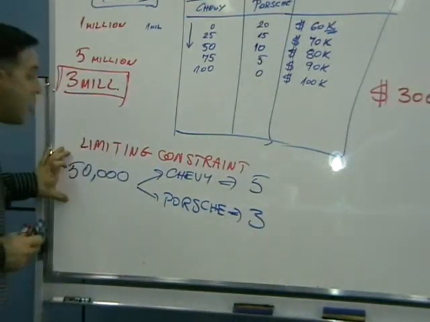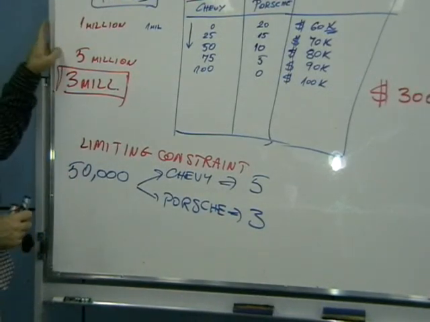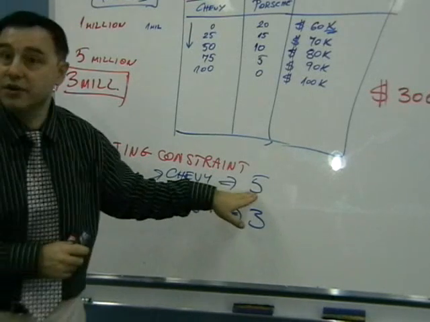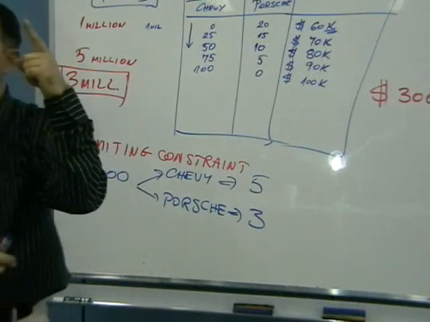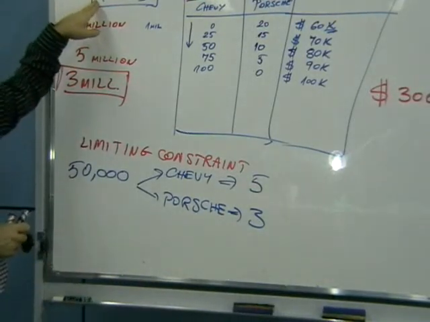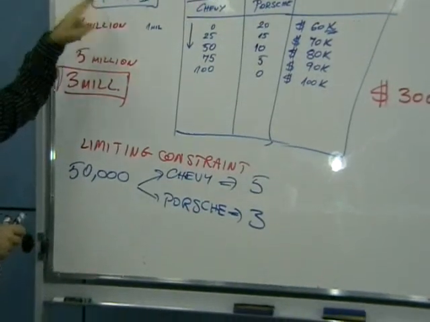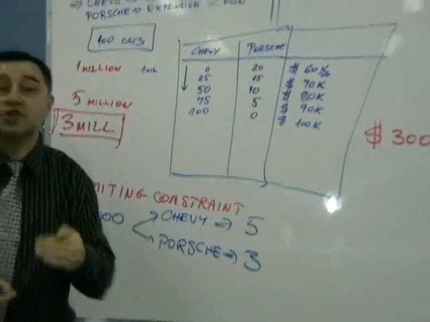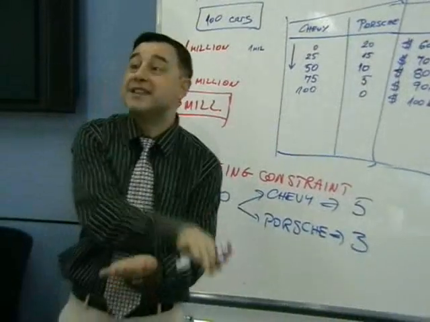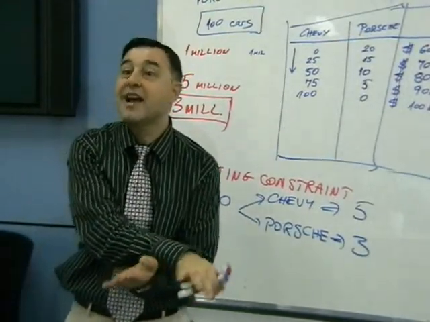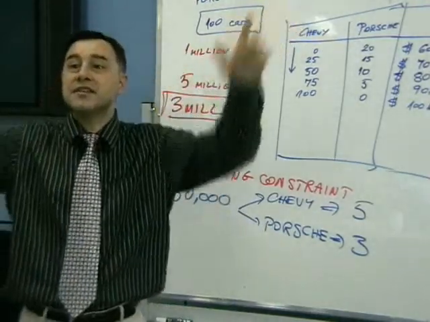So, as long as you have a strict limit on the budget, you will be using mostly Chevys. On the other hand, if you are limited by the number of cars, in other words the parking lot is getting full, then the optimal solution is to get the Chevy out, because you're making only 1,000, and replace it with a Porsche, as long as you have the money to do it. Does it make perfect sense?